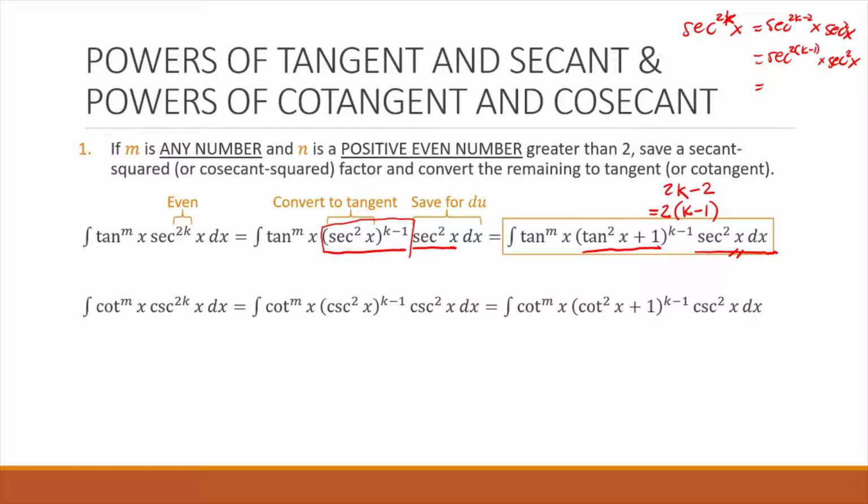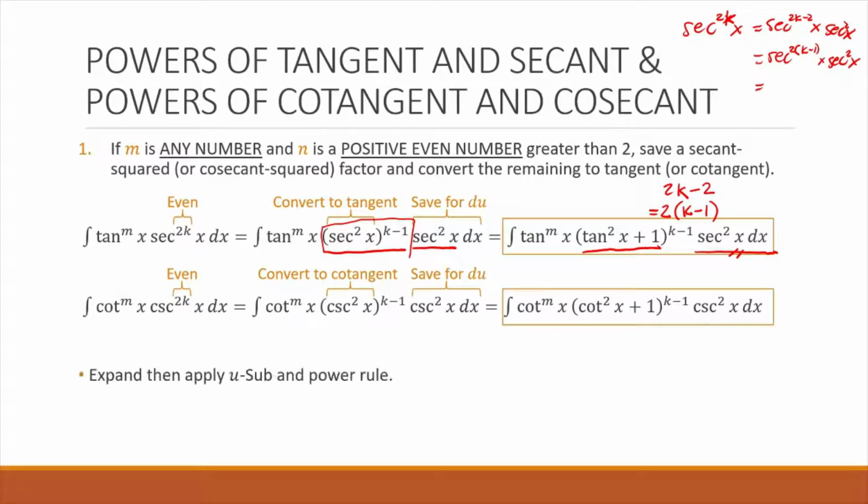Kasi if we let u, in this case, equal cotangent x, then its differential is negative cosecant squared x dx. So we already have cosecant squared x, kulang na lang ng negative 1. So you multiply negative 1 inside, and then of course negative 1 outside to neutralize the negative 1 inside. Ayan.